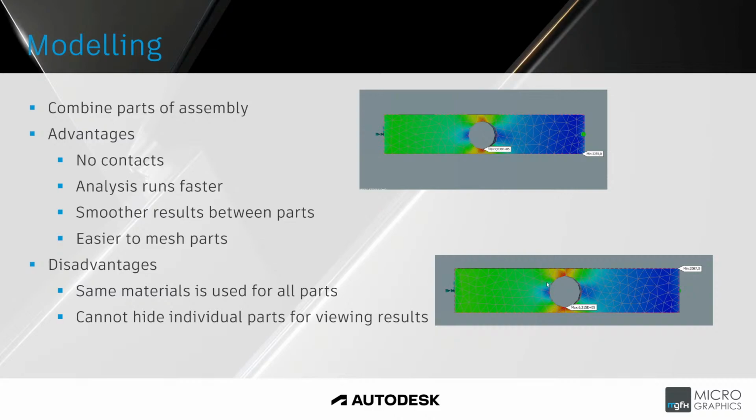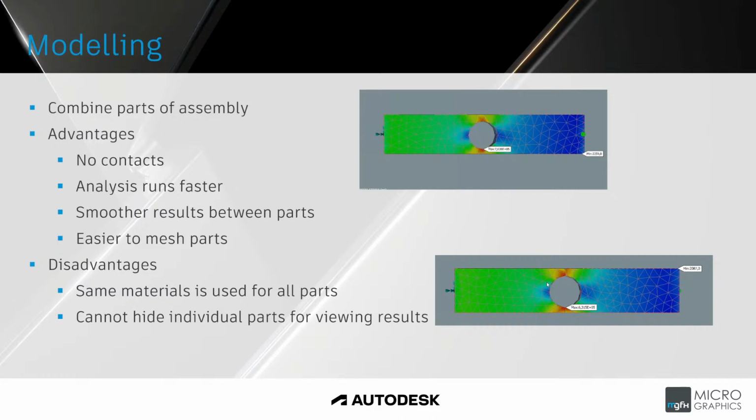Now, maybe that element is 25, and you've got a component which is not going to be able to take a 25 millimeter element. So it will actually just fail and say, sorry, but I can't mesh all the parts. And then you have to analyze your component and see why it is not meshing. So with one component, it will be much easier to mesh the parts and then, in essence, run your analysis.